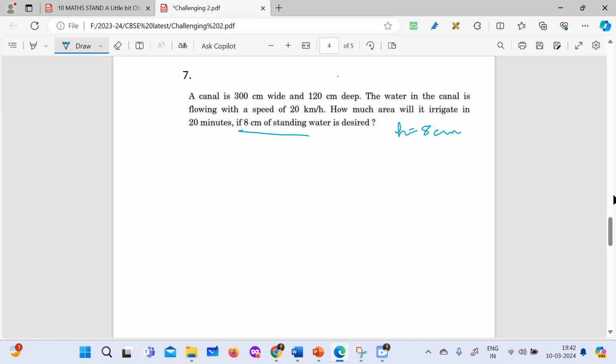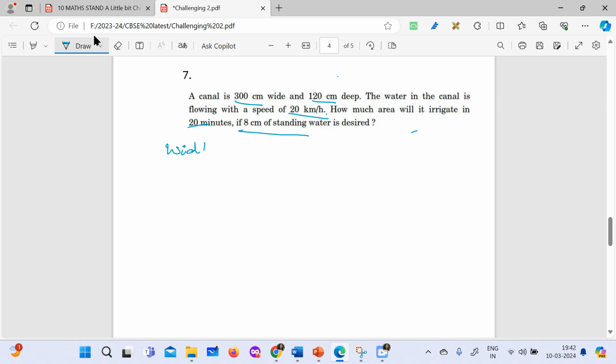Okay, then it is a canal is 300 centimeter wide and 120 centimeter deep. The water in the canal is flowing with a speed of 20 kilometer per hour. Okay, so let's write all the quantities given. We have to be careful. Here it is given in centimeter, but here it is kilometer per hour, and here it is minutes.